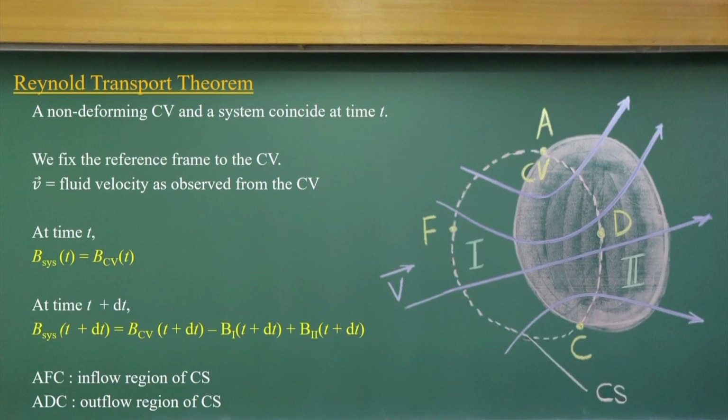Only the symbols for extensive and intensive properties, either capital B, small b, or beta, are used in different forms in different books. Otherwise, the derivation of these basic equations is available in almost all fluid mechanics books. As I said, while deriving, I will highlight the major components, not go line by line.